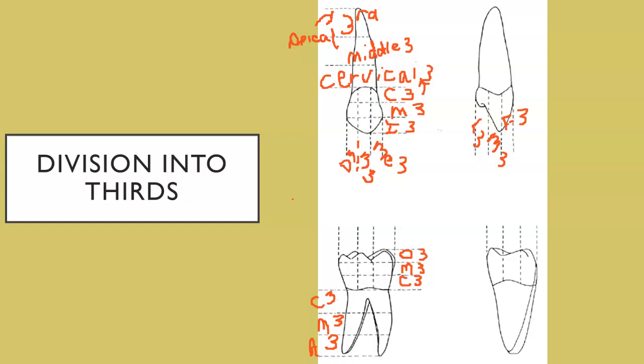So if this is, like I mentioned, towards the midline here, this is away from the midline, then we know this one would be the mesial third. I'm going to do ME for mesial third. This is our middle third. And then our distal third.